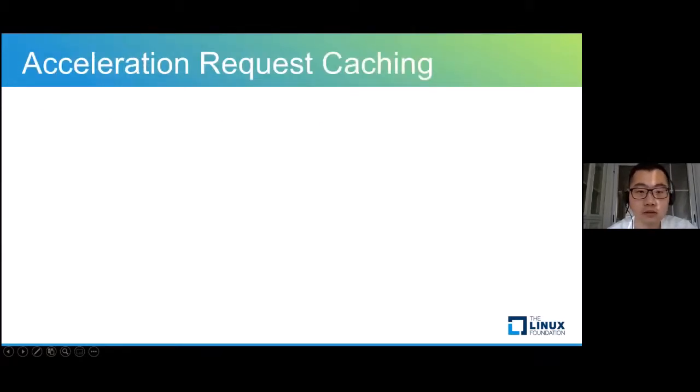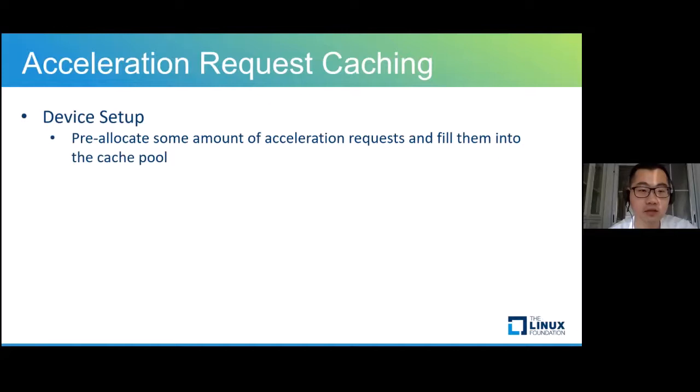So for acceleration request caching, this is a common technique. During the device setup stage, the migration thread pre-allocates some amount of acceleration request data structures and fills them into the cache pool. During the request composing stage, the migration thread will allocate the request.